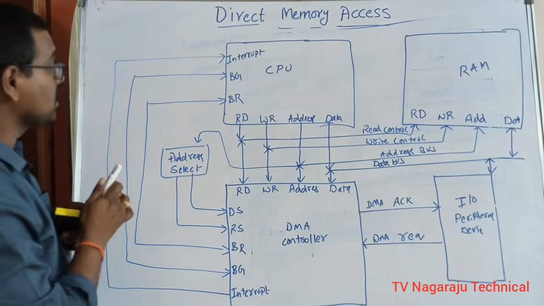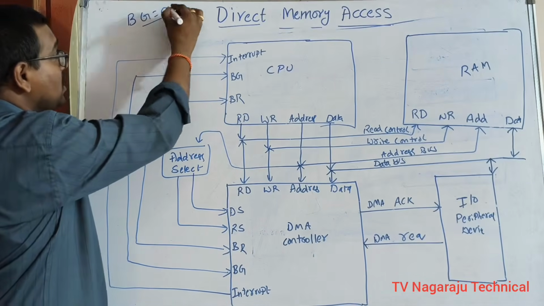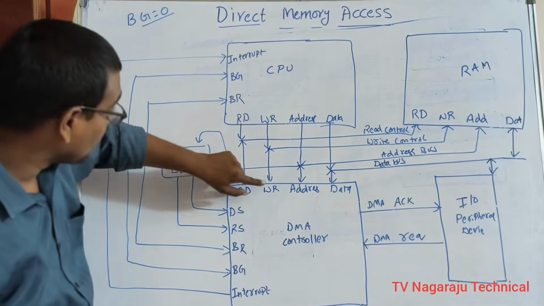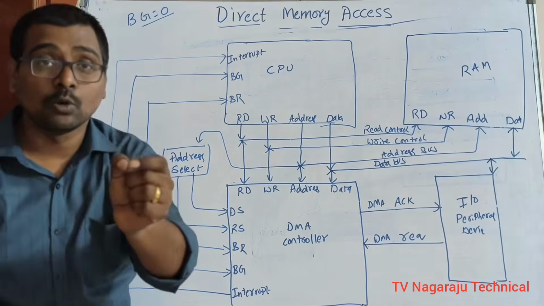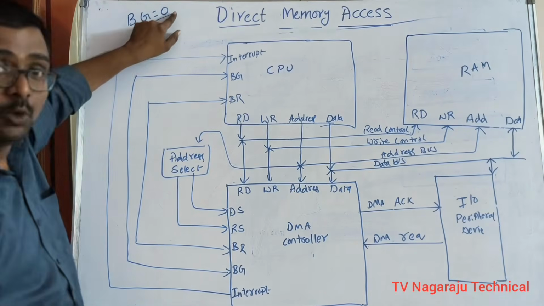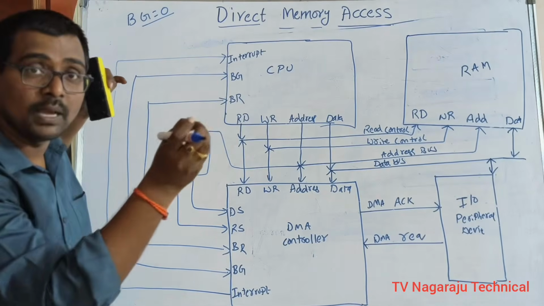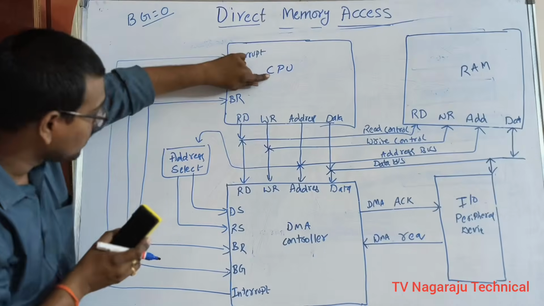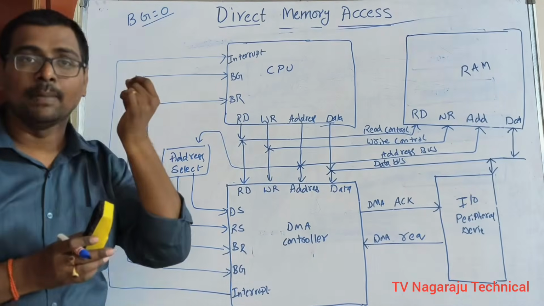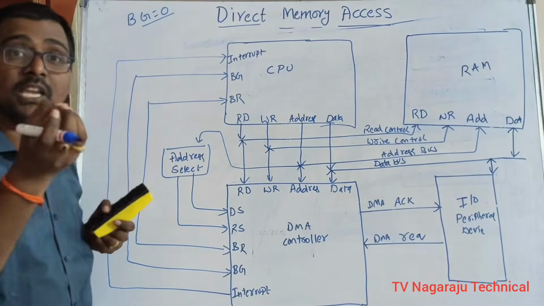We already discussed that the bus grant has two inputs. Suppose the bus grant is equal to 0, what happens? If you understand carefully, read and write are two control signals, both bidirectional. If the BG value is equal to 0, in the sense, the buses are not released by the CPU, and the CPU reads or writes the data through the DMA. In that situation, read and write become inputs.